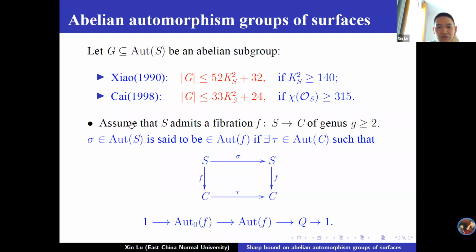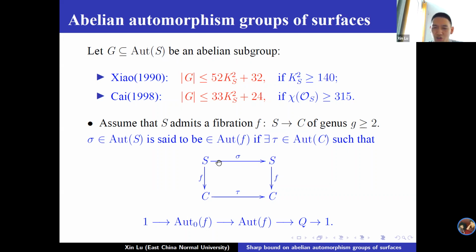And in this case, we consider the subgroup which keeps the fibration f invariant. That is, an automorphism sigma is said to be in the automorphism group of the fibration f if there exists an automorphism tau in Aut(C) such that we have the following commutative diagram.